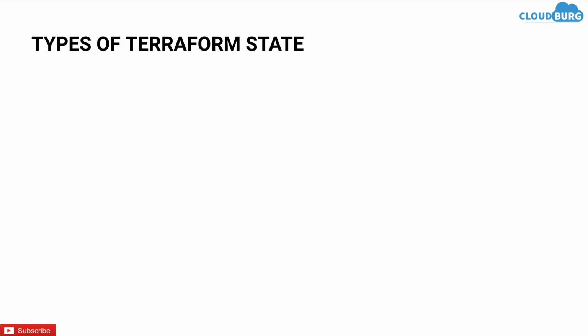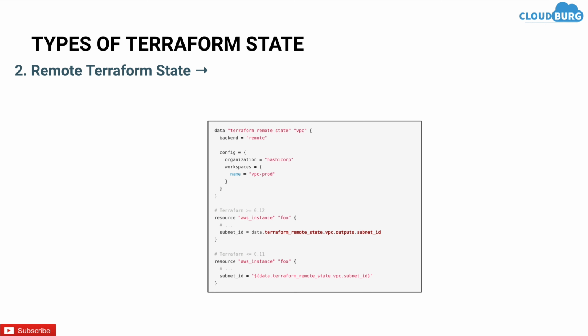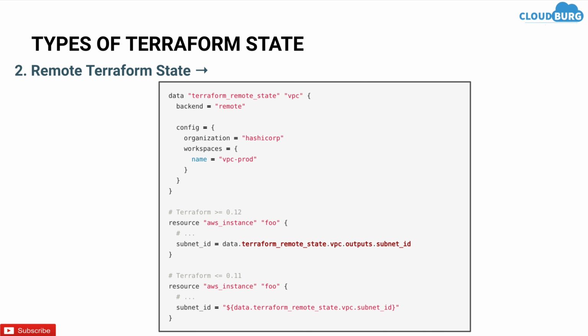So let's see this example of remote Terraform state, how another team is consuming the resources of one team. I'm using data here. The data is terraform_remote_state, and we are giving the output of the VPC. We also have to assign the configuration of the remote state.